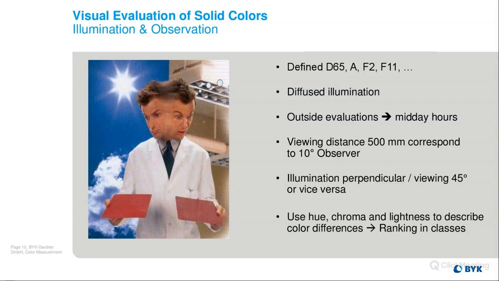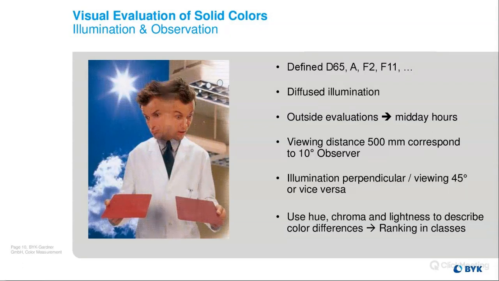So if you use instrumentation for measuring color, you'll find that a lot of instrumentation for larger samples uses a 10-degree observer, and this is just mimicking that visually. And then you want to use an illumination that is perpendicular to your viewing angle or vice versa. Typically what you'll find is a 45-0 setup.